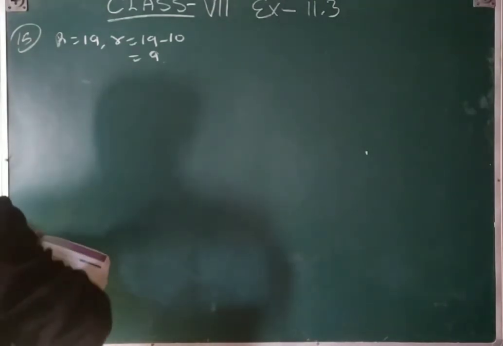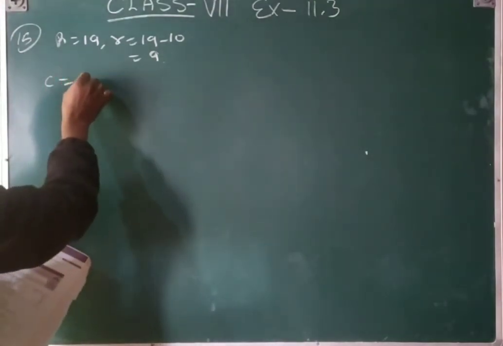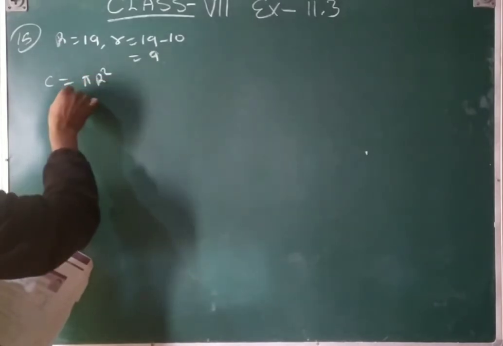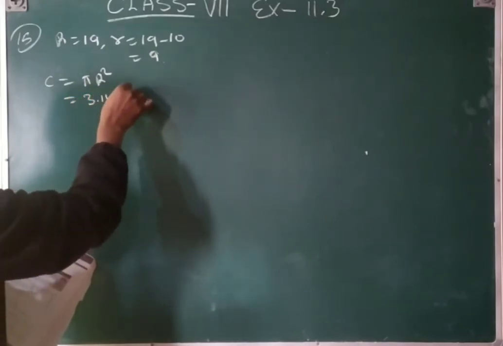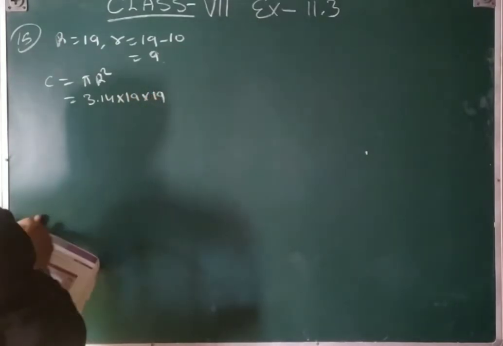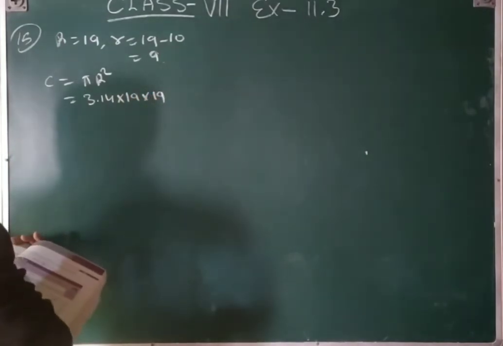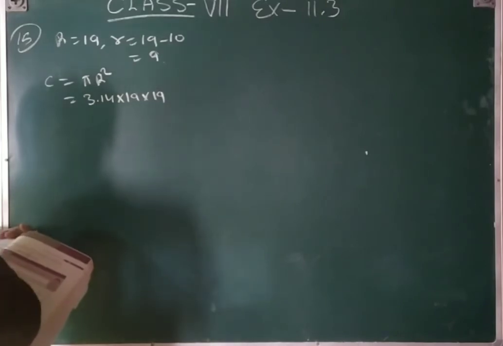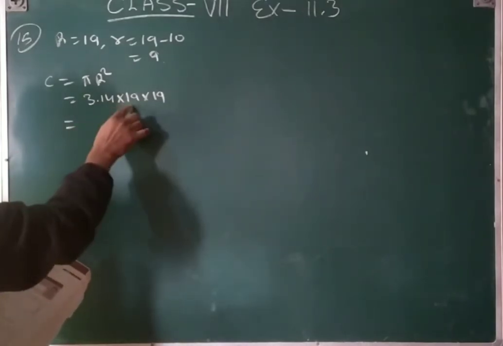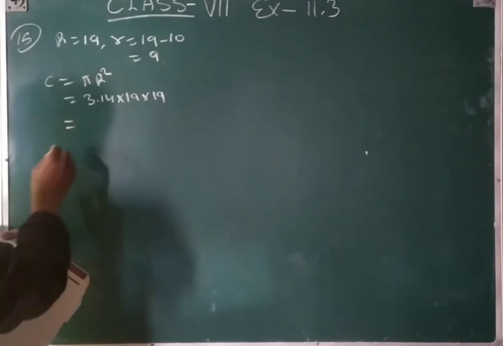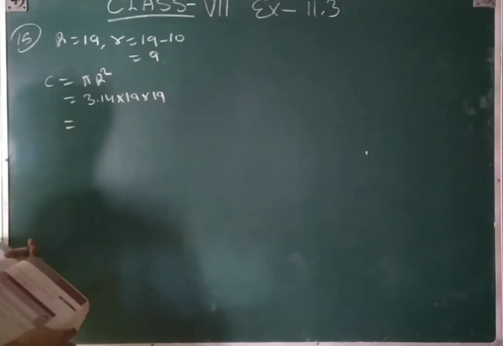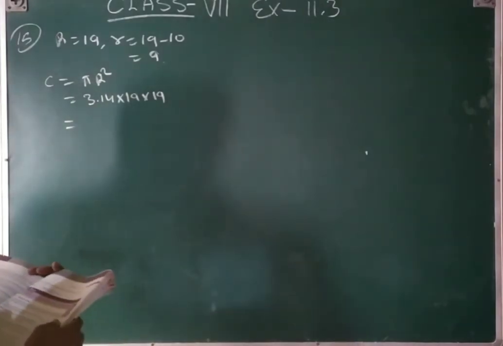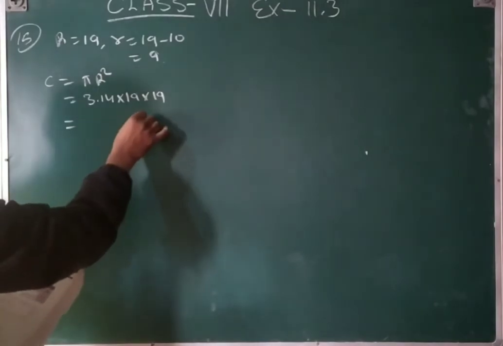So first circumference, that is pi r square, and the pi value is given in the 15th question, 3.14 into 19 into 19, that will be the answer. Multiplying 19 19s is just lengthy, so you can multiply and then your answer will come.